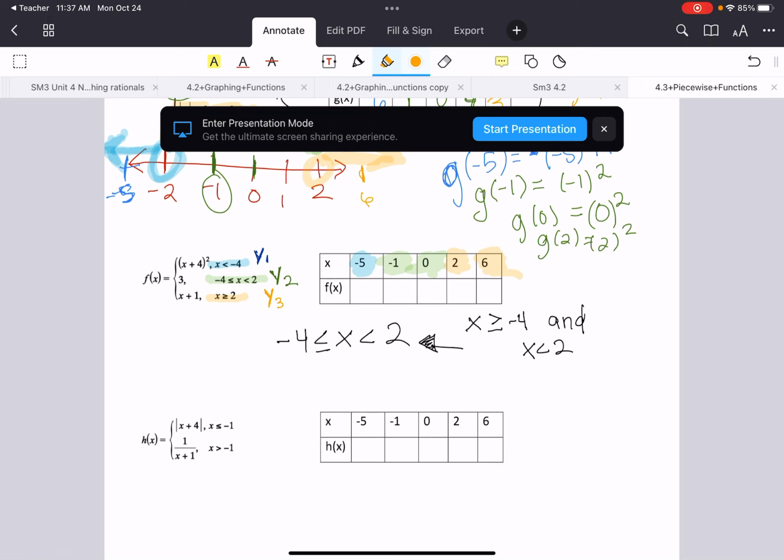So we said that -5 was going to be in the y1. So we're going to click y1 and do -5. The answer is 1. In y equals, it should be x plus 4 in parentheses squared, over x is less than -4.